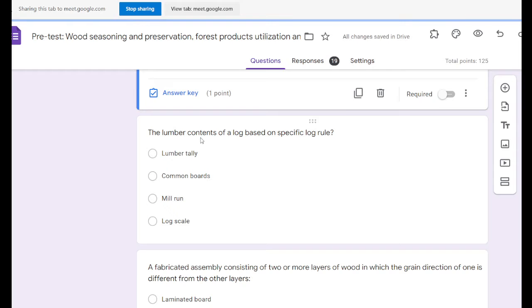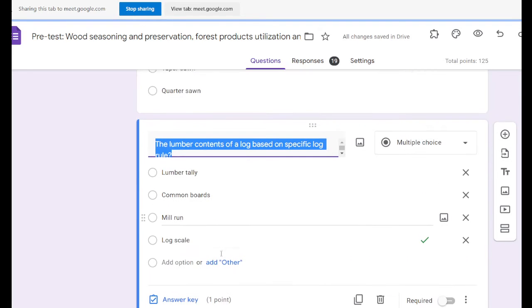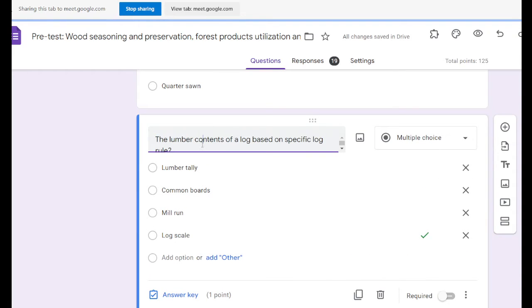Log scale, sir. Yeah, that is a log scale. Okay? The lumber contents of a log based on the log rule. You refer to the lumber yield sa isa ka log using a specific log rule. The log rule refers to the formula na imong ginabasihan to compute the possible yield of lumber from a log. So, that is a log scale.